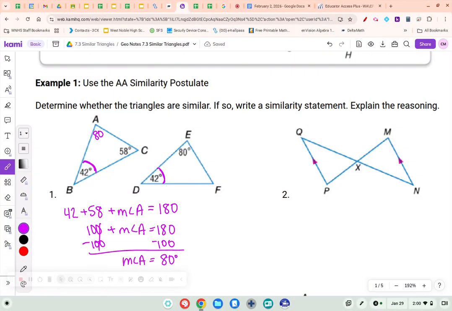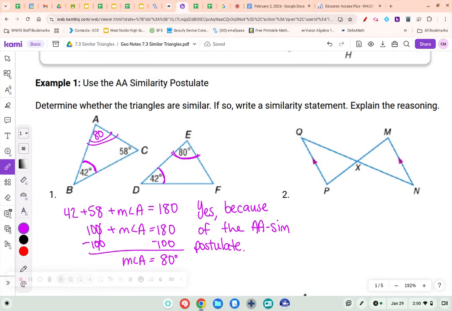So now that I have angle E and angle A congruent to each other, these triangles are similar because of the angle-angle similarity postulate. And I'm going to shorten that to angle-angle sim postulate. You can write similarity if you want to.